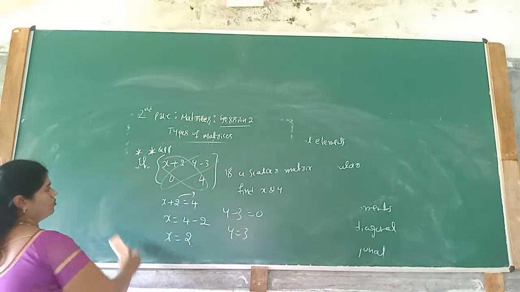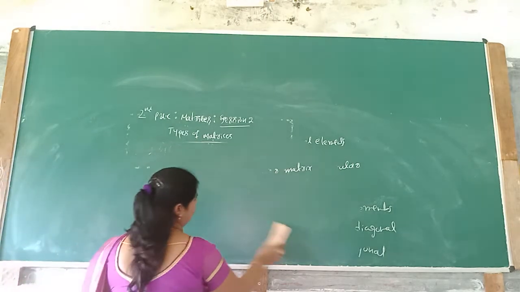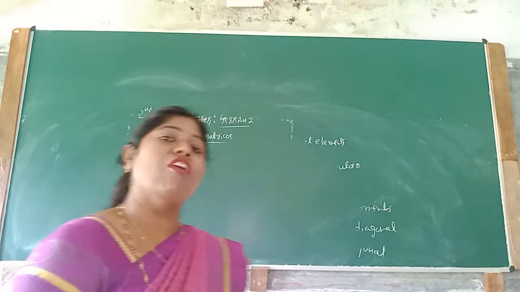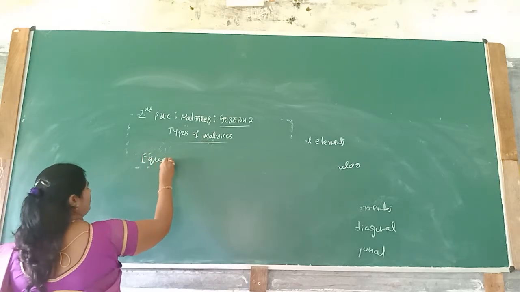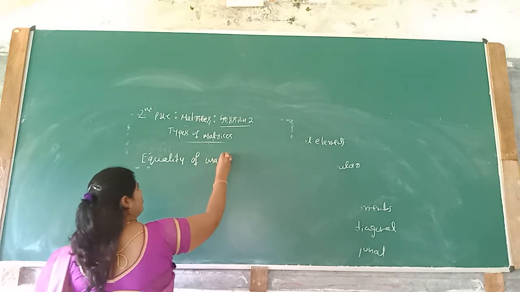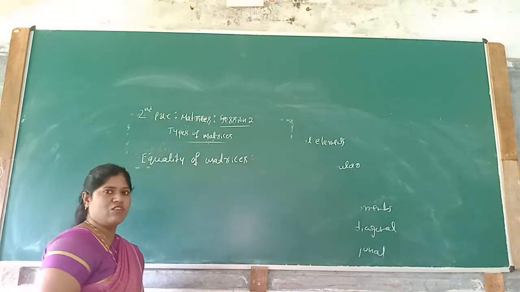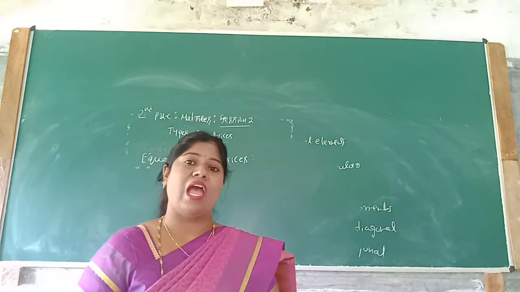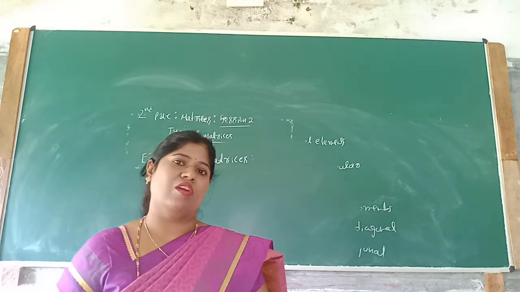Next, equality of matrices. Two matrices are said to be equal if and only if they have the same order and the number of elements is also the same.